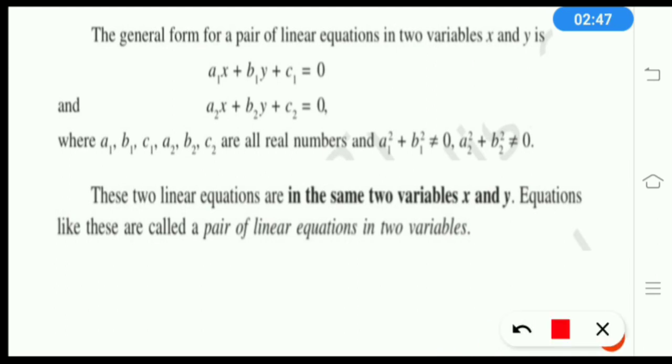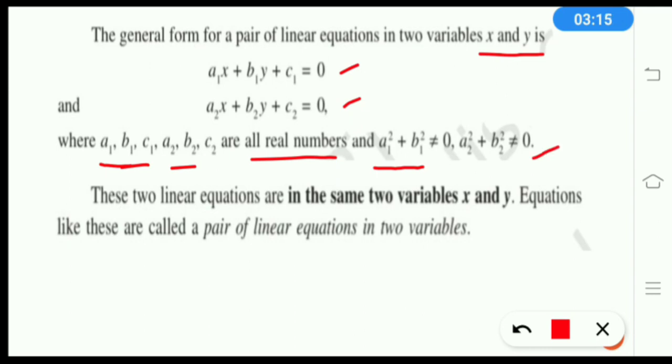the general form of a pair of linear equation in two variables x and y is a1x plus b1y plus c1 equals to 0, and a2x plus b2y plus c2 equals to 0, where a1, b1, c1, a2, b2, c2 are real numbers, and a1 square plus b1 square not equals to 0, and a2 square plus b2 square not equals to 0.